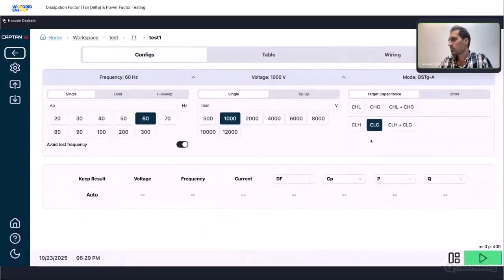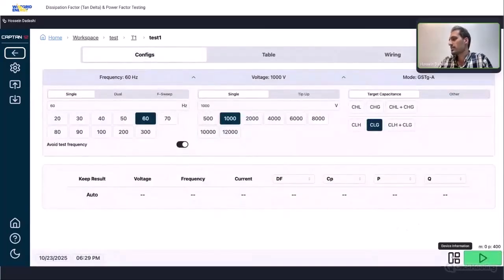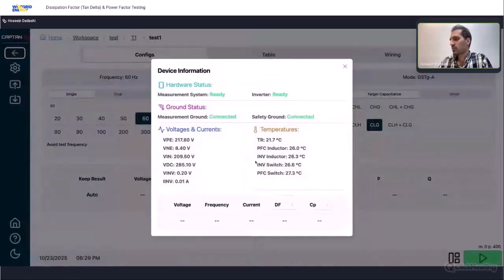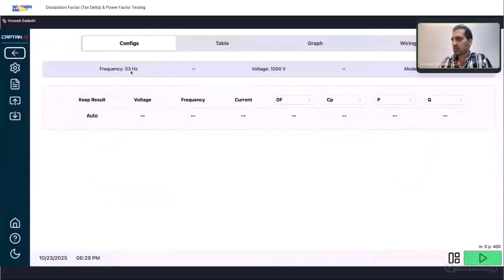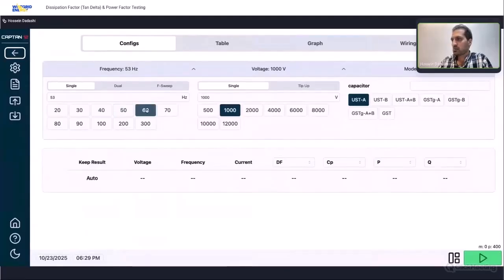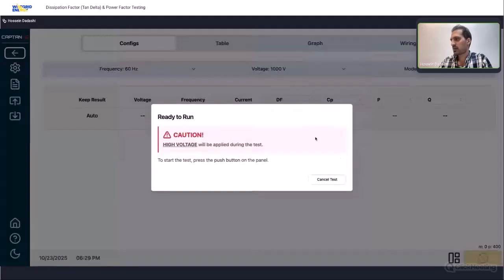If I change it to CLG, the wiring will be changed. And as you can see here, there is a menu which shows different parameters of the device, temperatures, input and output voltage, or something like this. Let's just start a quick test to see the device speed. For example, here I have a test setup, just start.